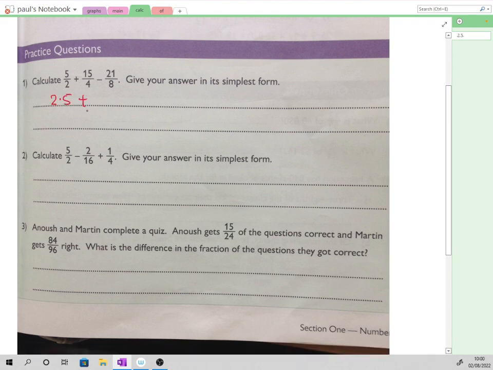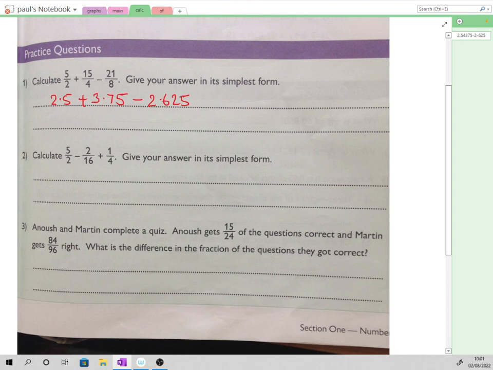Then 15 over 4, 15 divided by 4, is 3.75. And then minus 21 divided by 8 is 2.625.